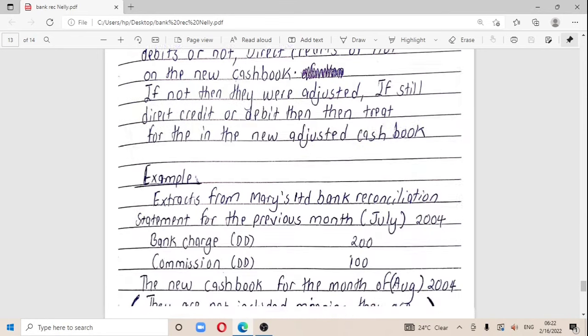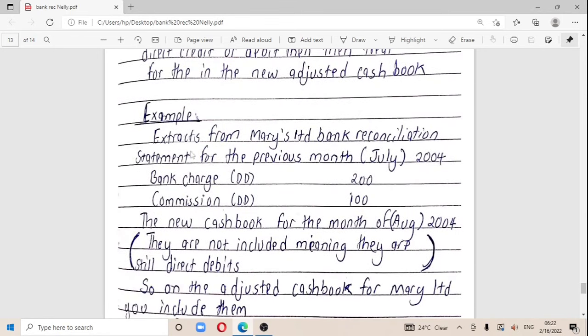So this is an example of what I'm trying to mean. If you have an extract from Mary Limited's bank reconciliation statement for the previous month, this is what Mary had: you didn't record the bank charge of 200 and you didn't record the commission of 100, but they were direct debits from the previous bank reconciliation statement of June 2014.